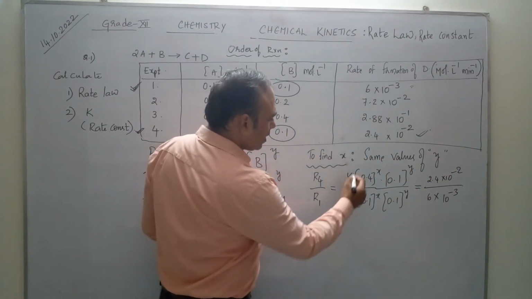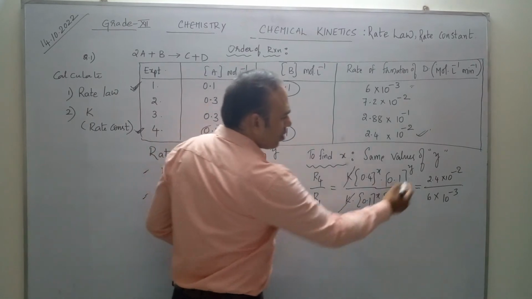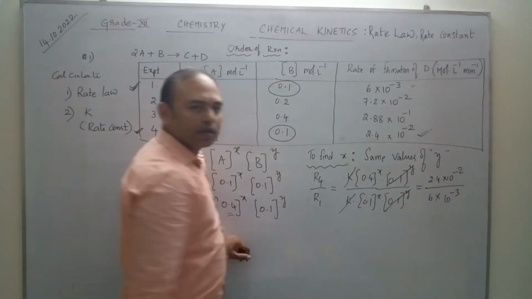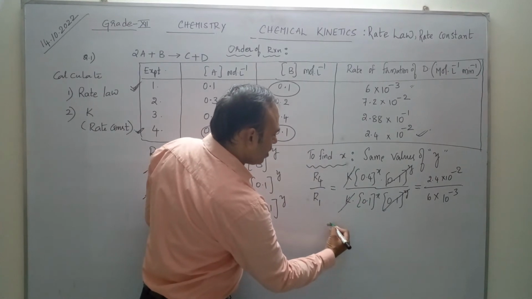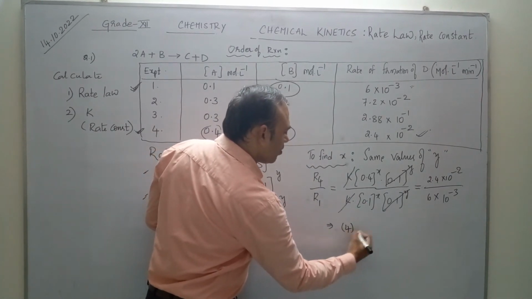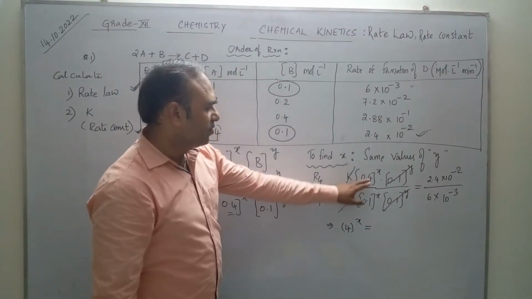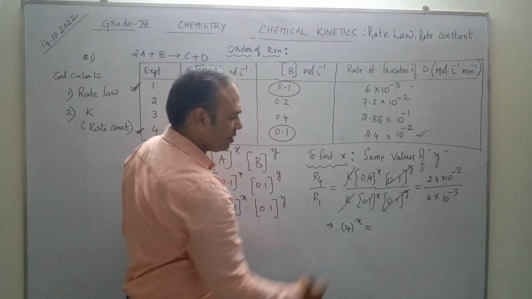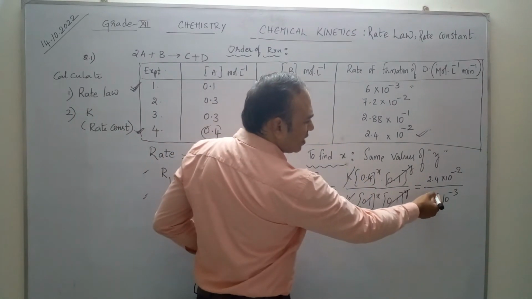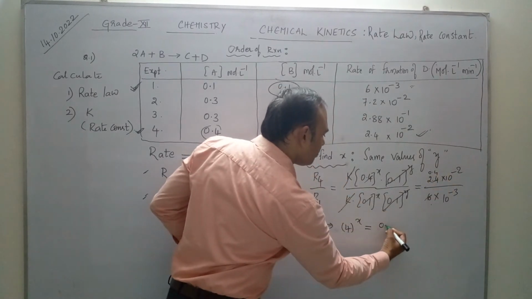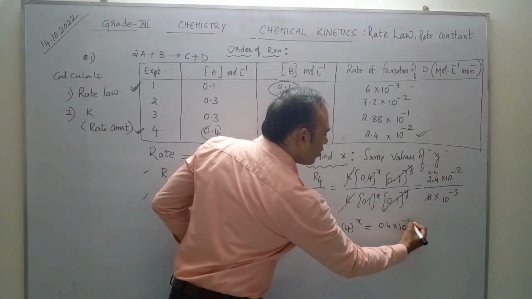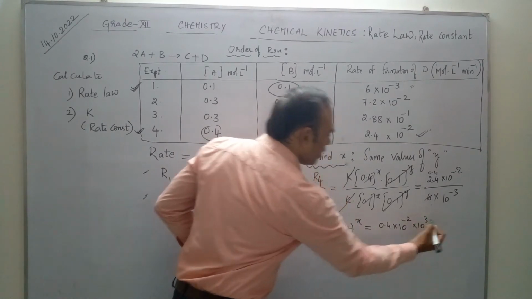What we get? K we can cancel, 0.1 to the power of Y, cancel this. So what you will get here? Nothing but 4 to the power of X. We are getting 4 to the power of X is equal to 0.4 into 10 to the power of minus 2 into 10 cube.